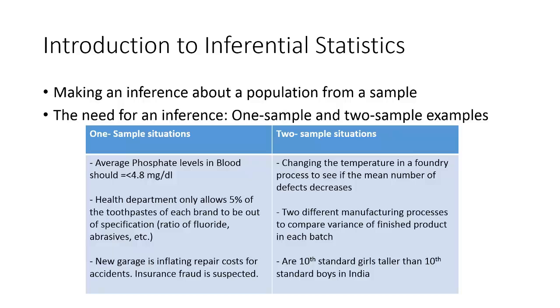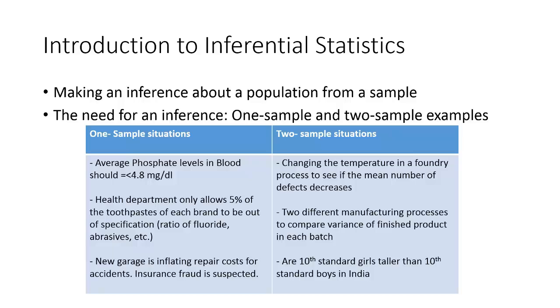So the idea here, and just so you know, we're in this part. The idea here is that let's say we were interested in noting the average phosphate levels in our blood, and I don't have a medical background or anything, so don't look at the medical aspect of this example.